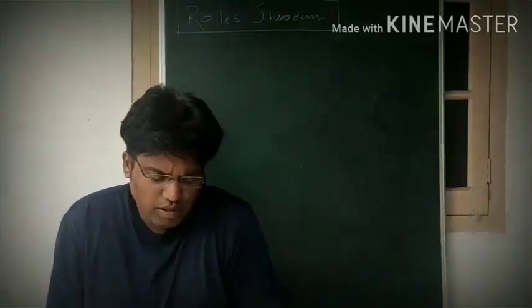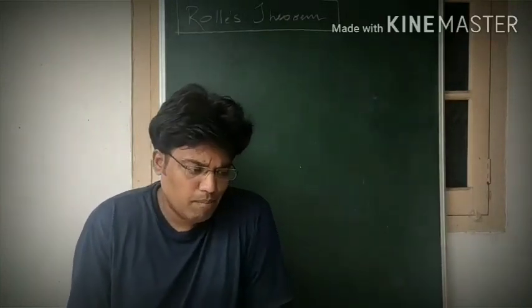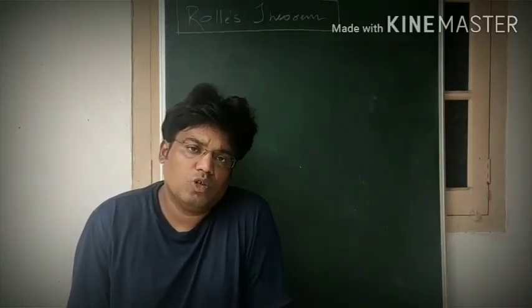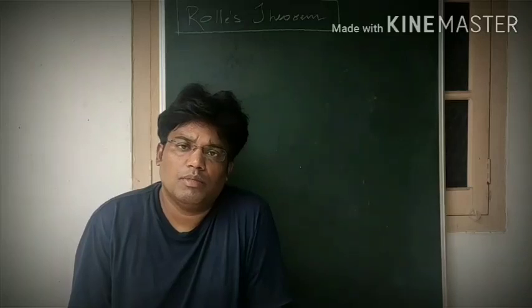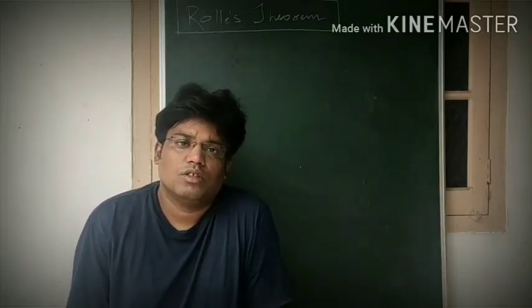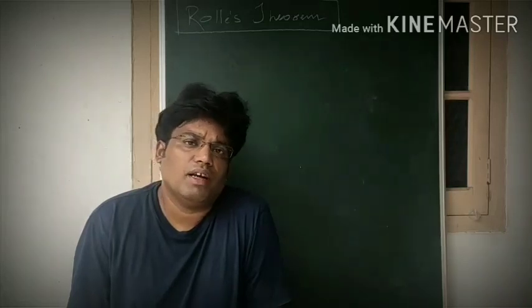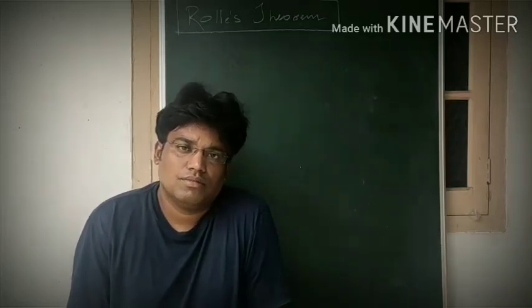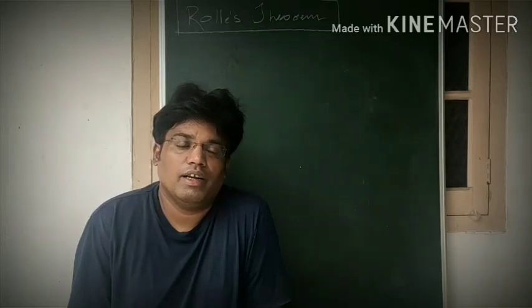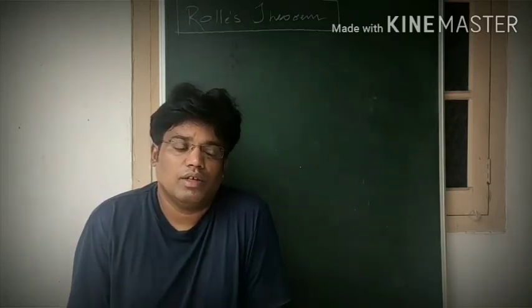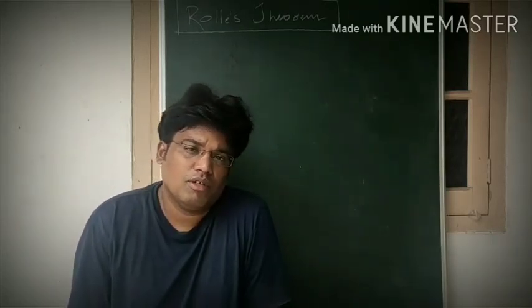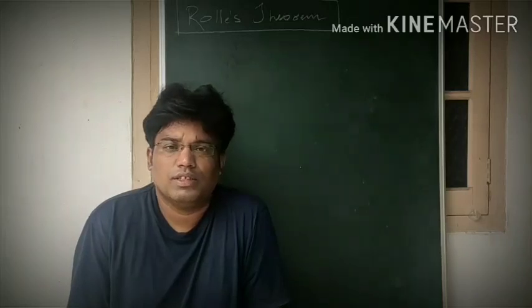So you need to just know this. What exactly you are doing in Rolle's theorem and the mean value theorem is finding what's called the C value. Nothing apart from that. Even in Rolle's theorem or in the mean value theorem, you're going to find the C value.